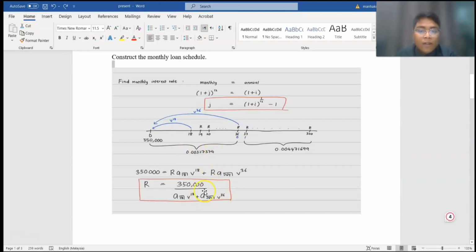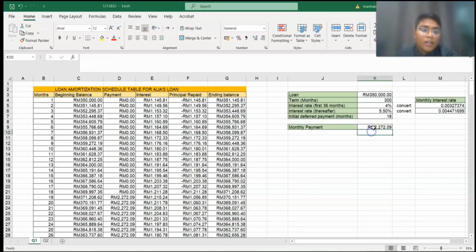For a angle 264, we need to use this interest rate because the payment is within this period. And for v^36, we need to use this monthly interest rate. I just apply the formula that I have explained before.